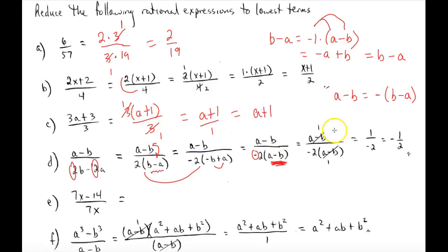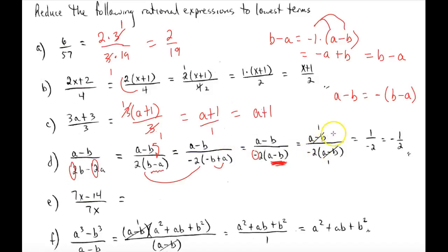And so now from there we reduce the a minus b. Notice how we're reducing everything, not just the a, not just the b. We're reducing the whole expression a minus b to 1, because we see it both as a factor in the numerator and the denominator.